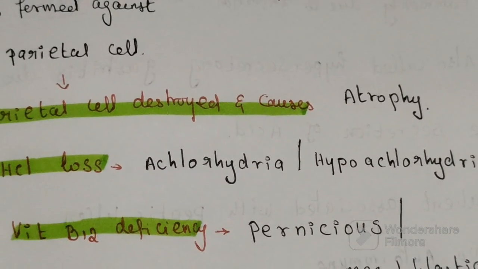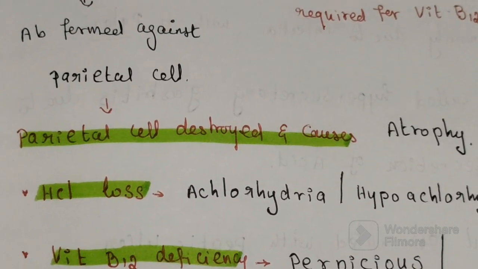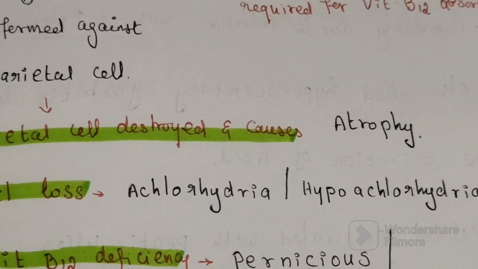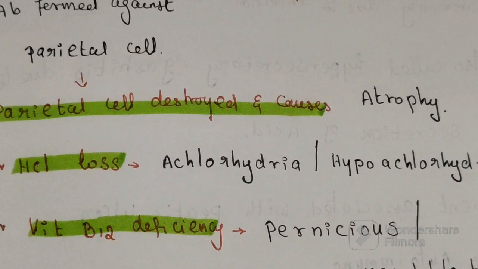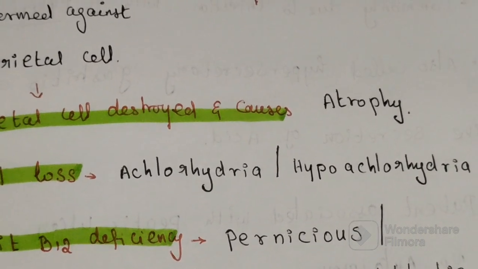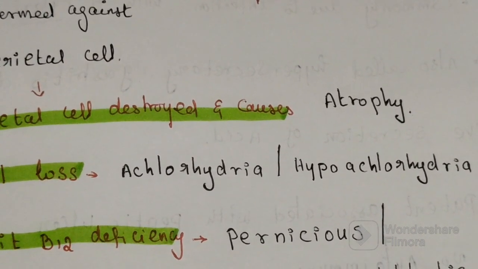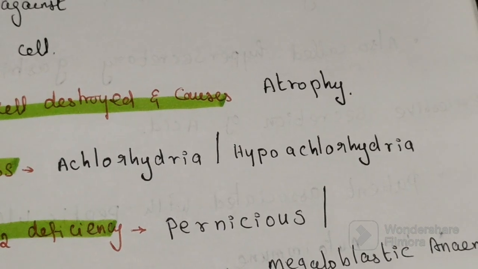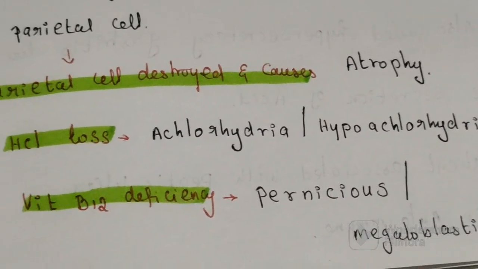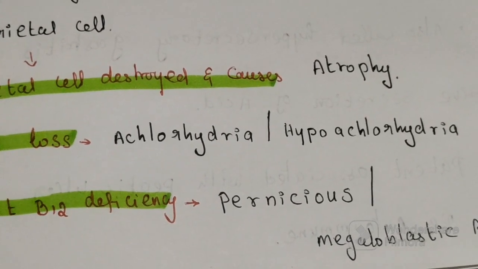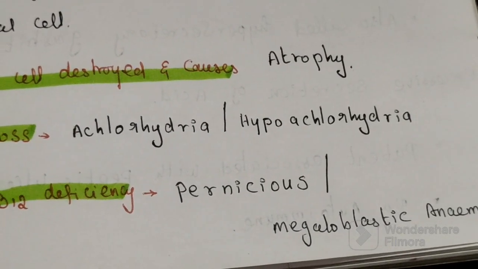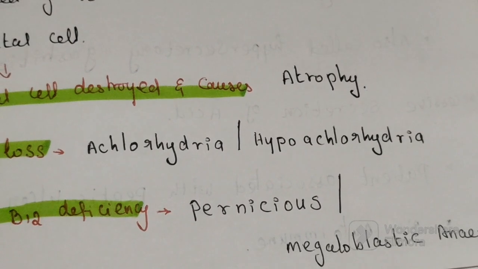So three important features. First one is this parietal cell destroyed, it causes atrophy. Second one is HCl less or not secreted, so it causes achlorhydria or hypochlorhydria. Then vitamin B12 deficiency causes pernicious anemia or megaloblastic anemia. What is the cause?